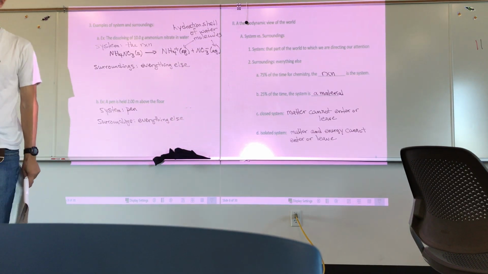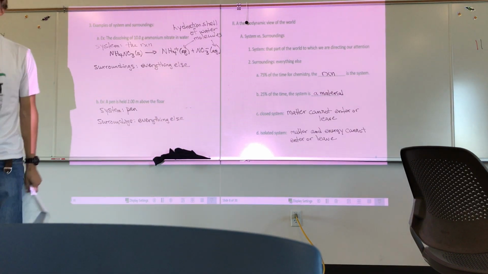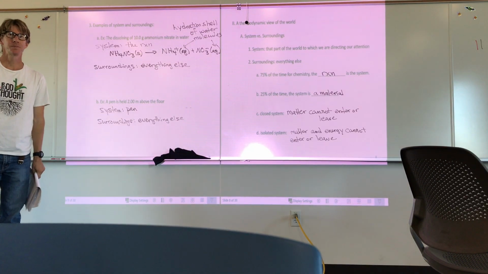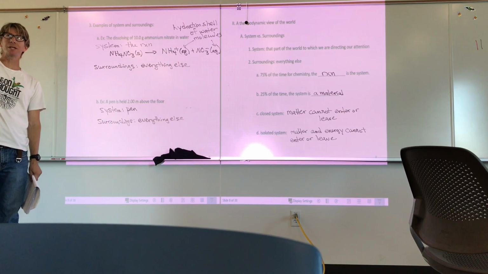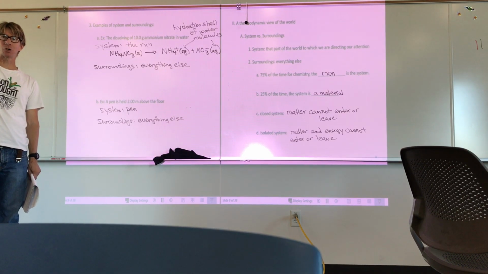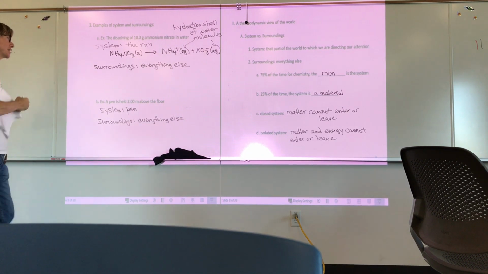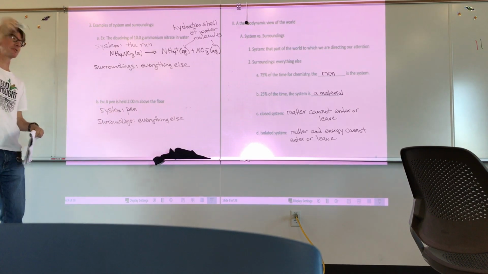Yeah, Jason? Since the system's just the pen, there wouldn't be any potential energy, would there? No, so wouldn't there be any potential energy? Well, if I just look at the potential energy of this pen, I can calculate that. I don't need the center of the earth, right? It's tricky, I know, but if I said, what's the potential energy of this pen?